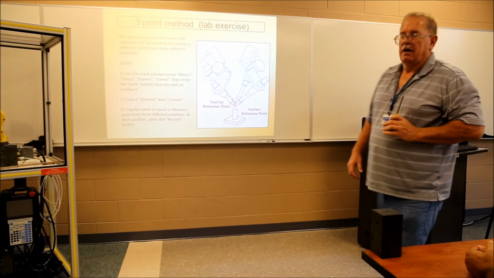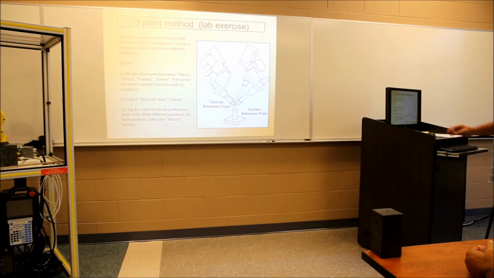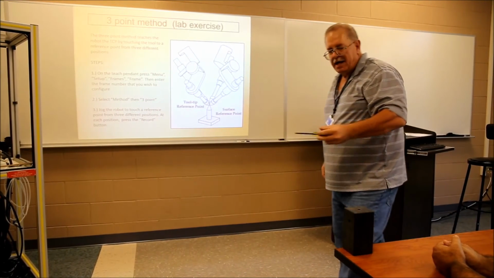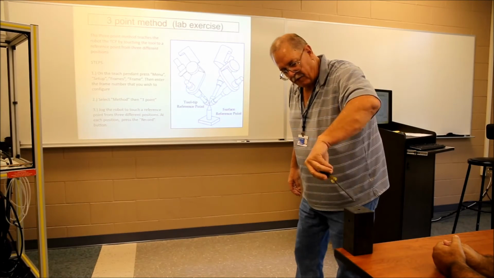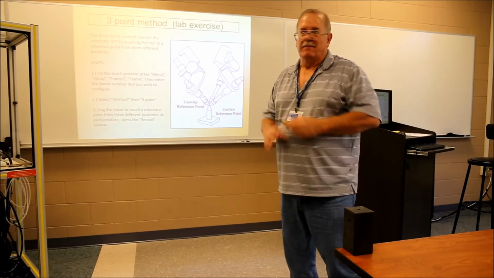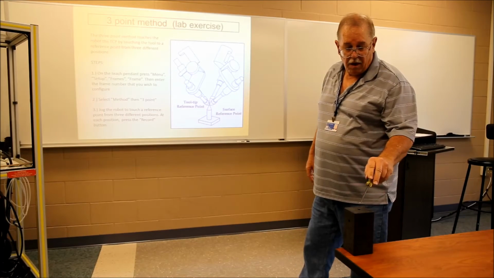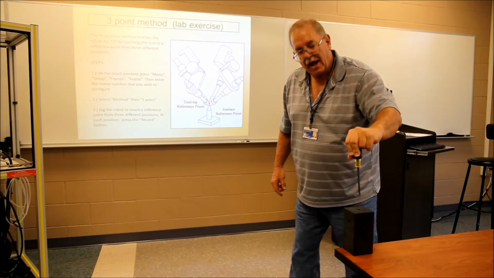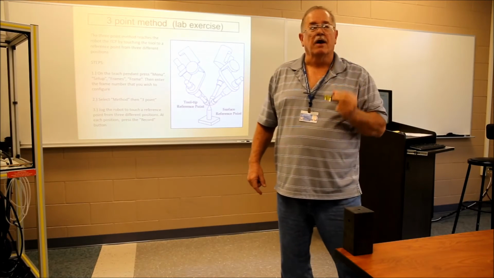To do that, we use a different method called the 6-point method. The 6-point method, same idea. We point to it 3 different ways and we rotate it, and it does even more complex math. And it will know, if I want to put the screwdriver in that hole, it will know where to go and all the angles it needs to be at in order to go straight in that hole.